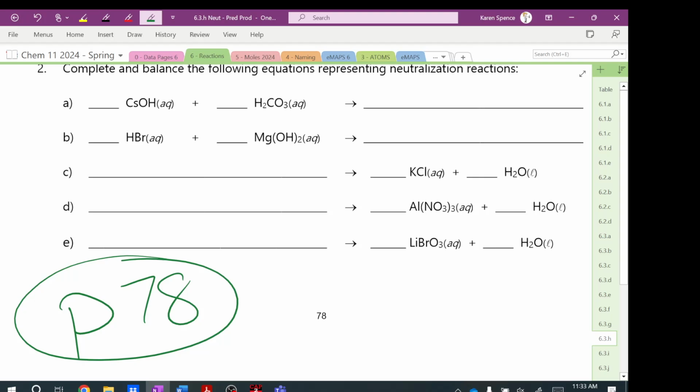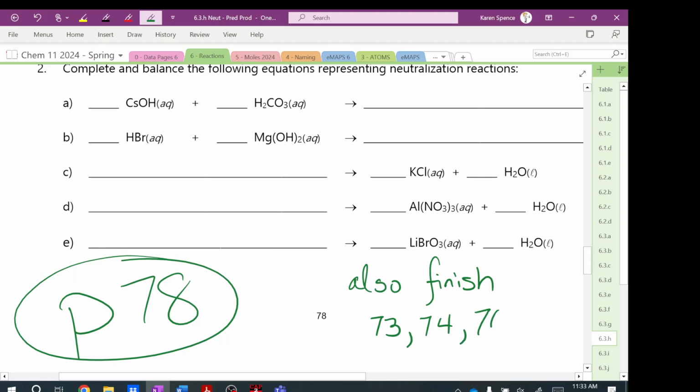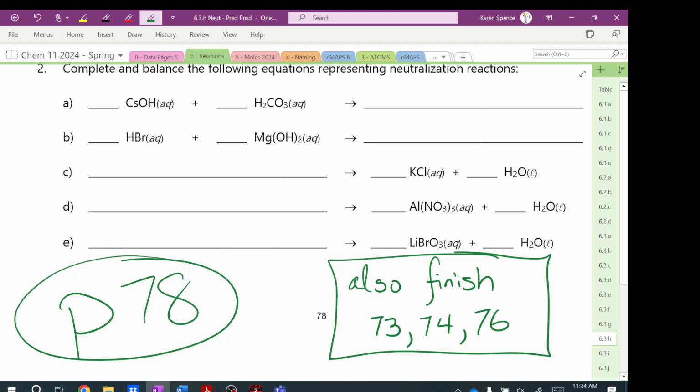Also finish 73, 74, and 76. There you go, 4 pages: 73, 74, 76, 78. But you should have done a lot of that already, so it's not as much as it was.